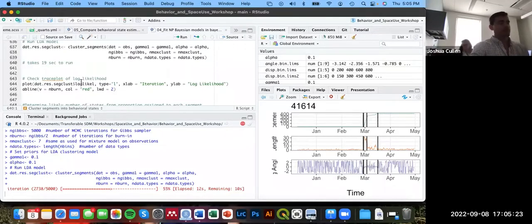And everything after this is going to be very similar to M3, where we're going to look at the trace plot, then look at the distributions and try to interpret the behaviors from that.